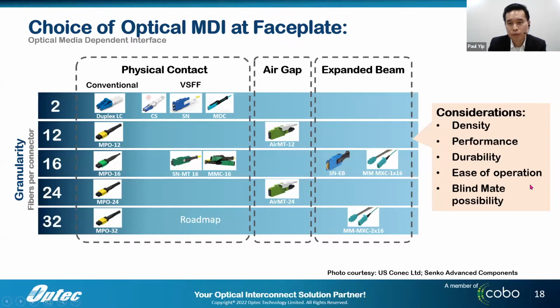We're considering the density, what kind of performance it can give, and of course the fiber counts here. In the long-term future, because we know that dust contamination is the biggest challenge in data center maintenance or operations, can we use some of the expanded beam or air gap connectors in the future?